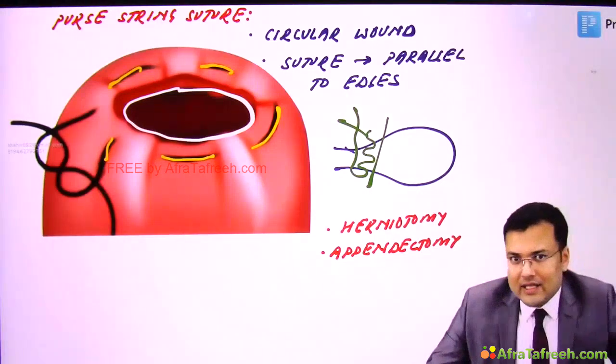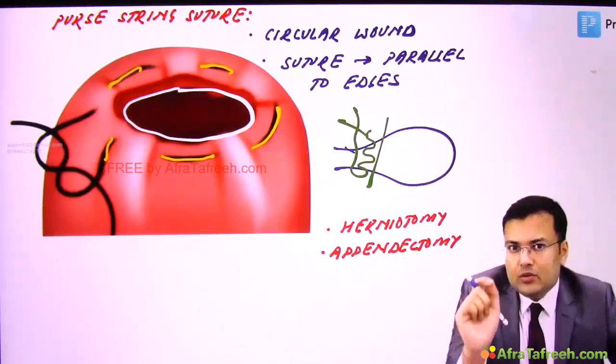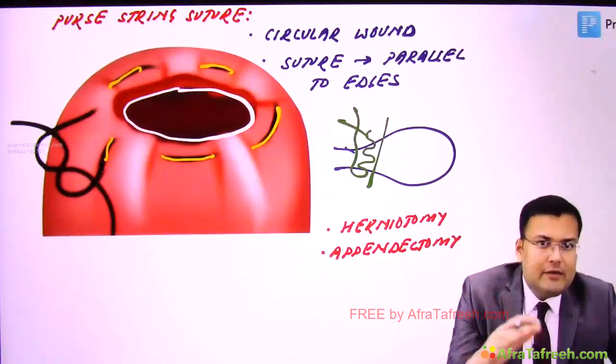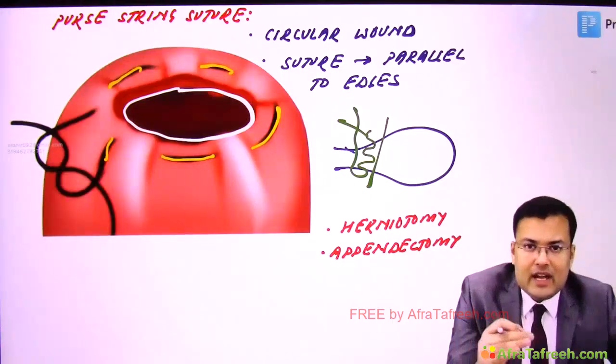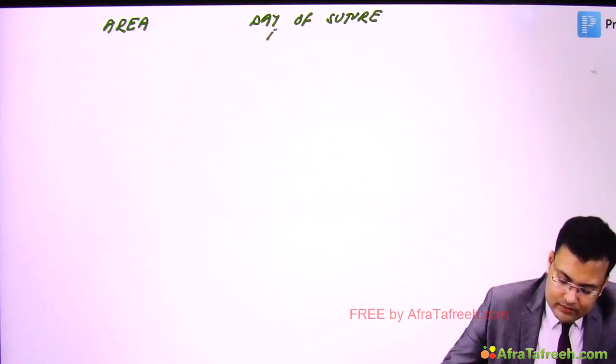Now what are the guidelines for day of suture removal? Means on which particular day sutures should be removed. It varies from one site to another. Clear? So see the area and day of suture removal.